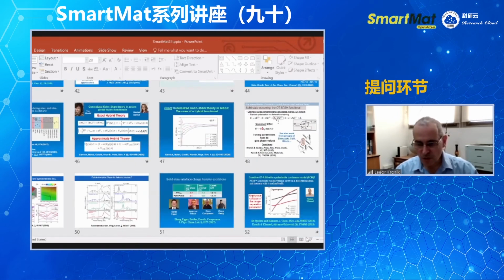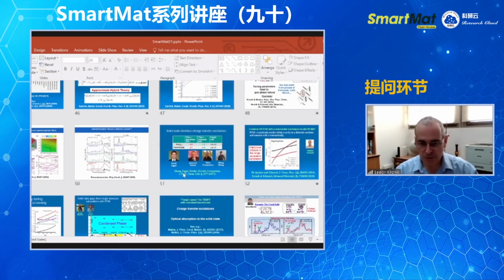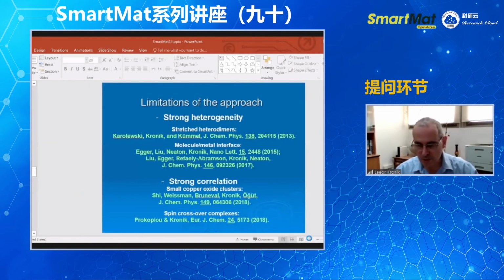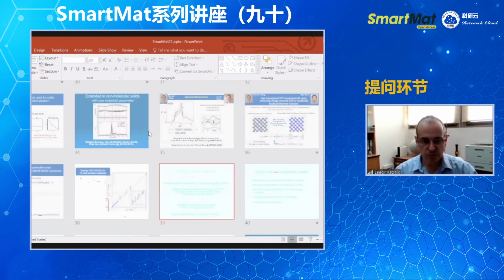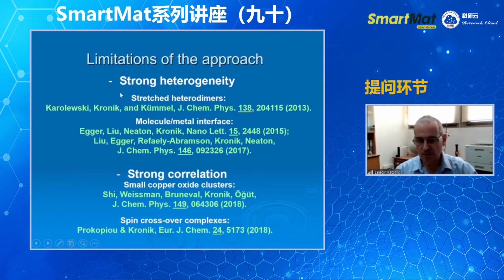This is one issue that I quickly mentioned when I was talking about the limitations. This is something that, in fact, we studied in these two articles here, which was a joint work of my postdoc, David Egger, and Zhenfei Liu, who was then a postdoc with Jeff and now has his own group at Wayne State University.